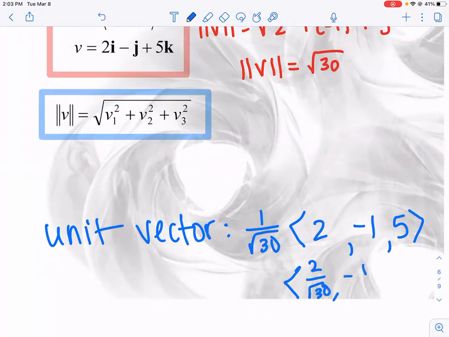So now we have created a vector with magnitude 1 that goes in the same direction as vector v.